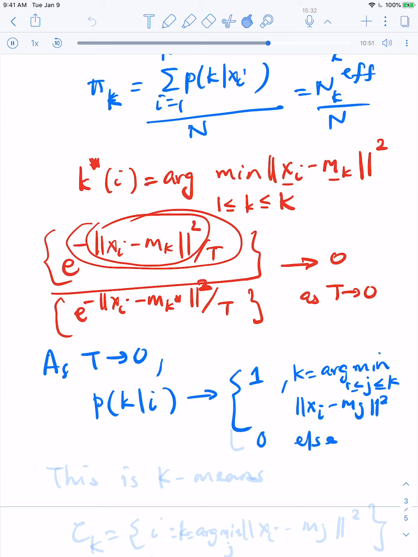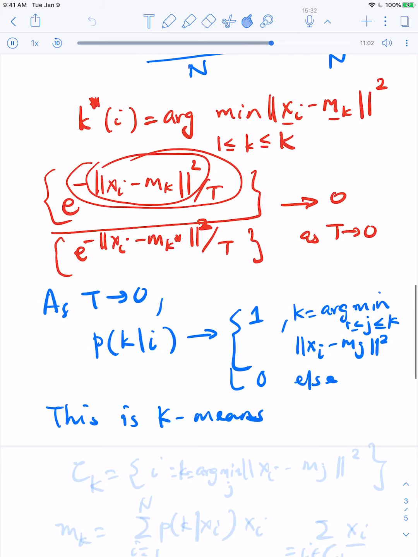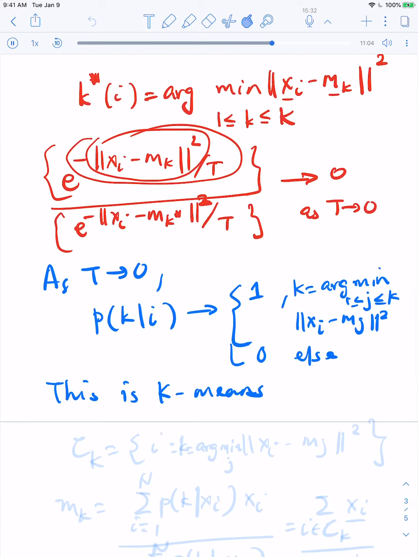So we basically recover exactly the k-means algorithm, right? So this is k-means. You assign to the closest cluster center, and then you update as you were doing before in k-means.